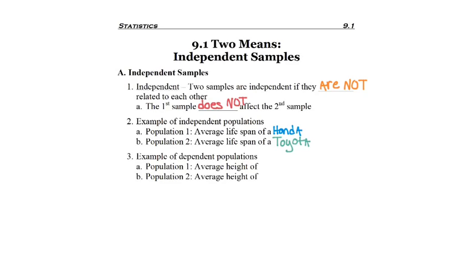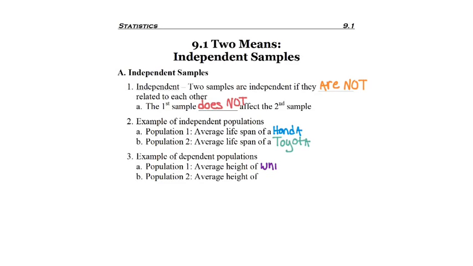For example, Toyota has the subsidiary of Lexus, so we wouldn't want to compare Lexus to Toyota because they have the same parent company and probably use a lot of the same parts, whereas Honda and Toyota are completely separate companies.